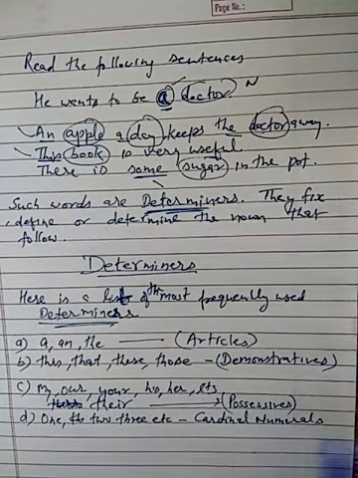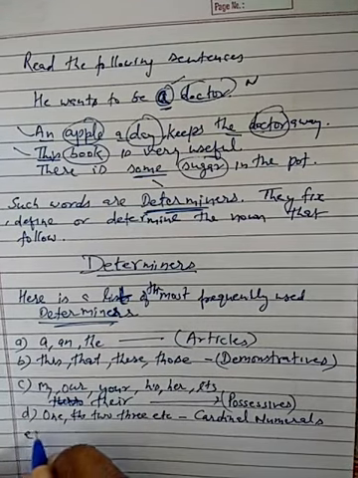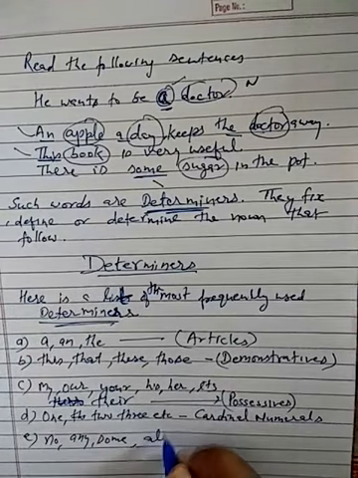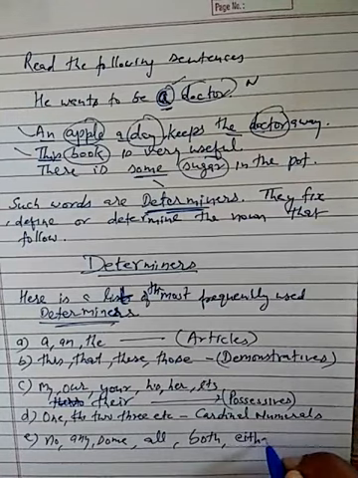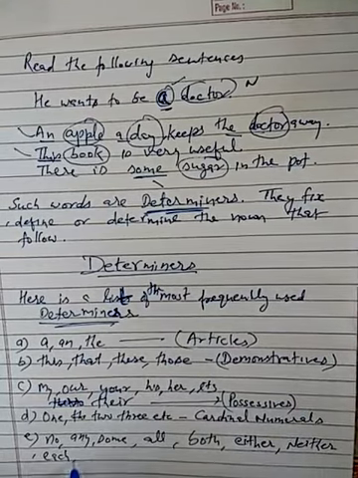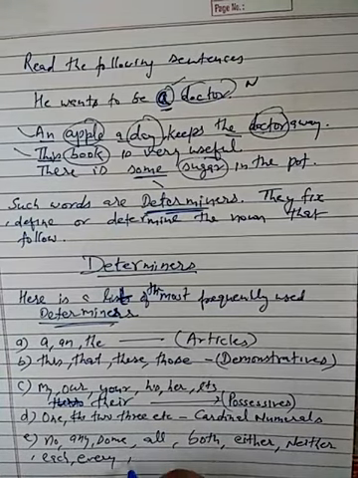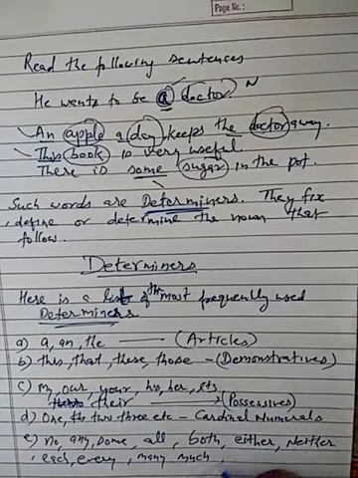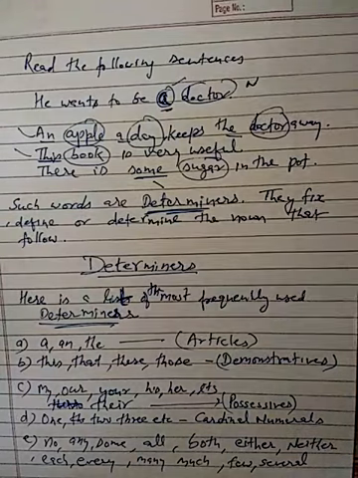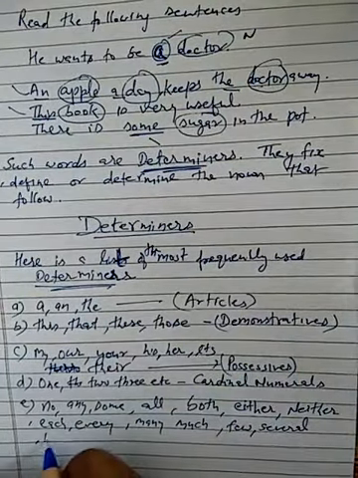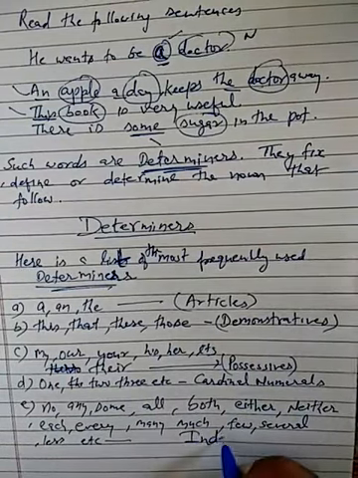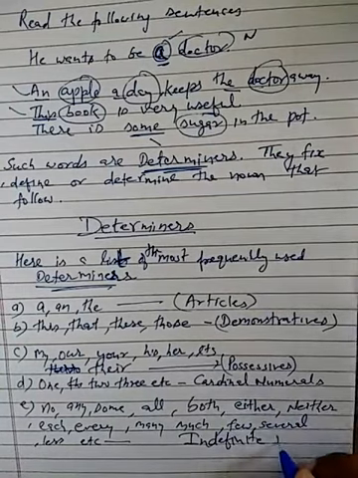Okay, clear? Cardinal numerals. And the next one is no, any, some, all, both, either, neither, each, every, many, much, few, several, less, etc. These are called indefinite pronouns.